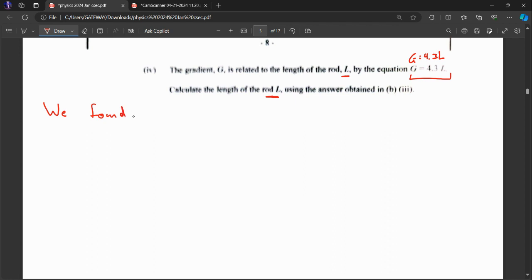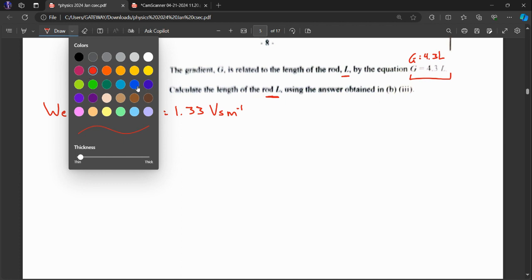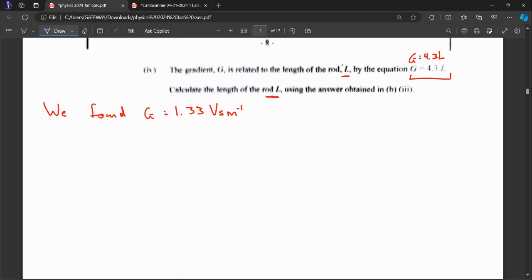So we had found G to be equal to 1.33, right? I believe the unit was V s m to the minus 1. We want to solve for L. Let's say calculate the value of L.